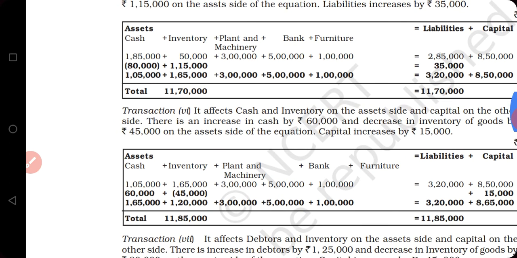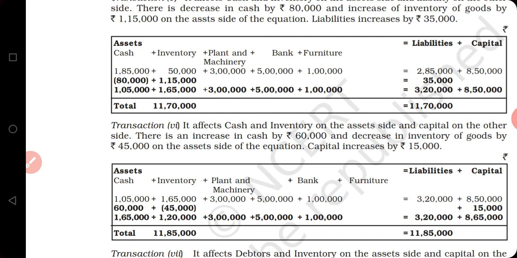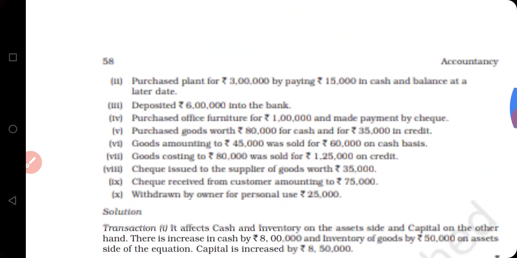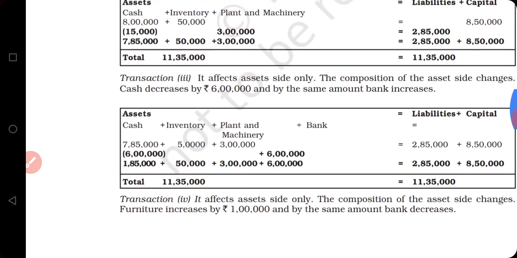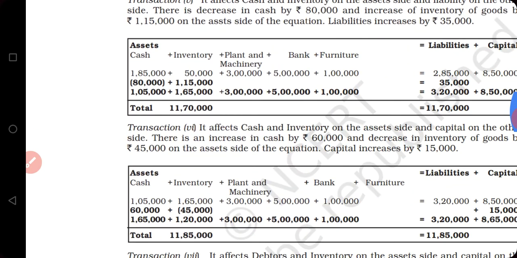First of all, we have already prepared the inventory column here. So we will show the total purchase of the goods. So total purchase of goods is, according to this transaction, rupees 80,000 plus 35,000. So entire amount you will show under the inventory.